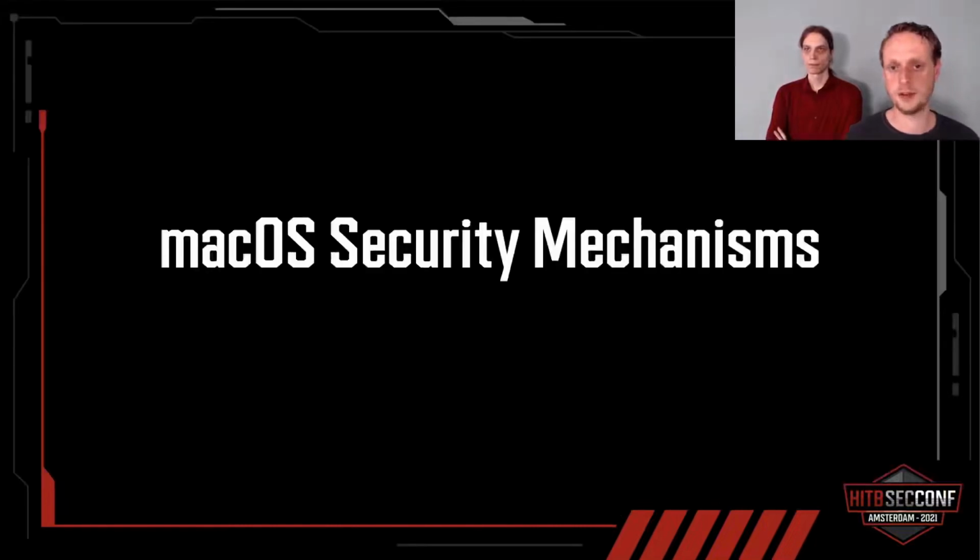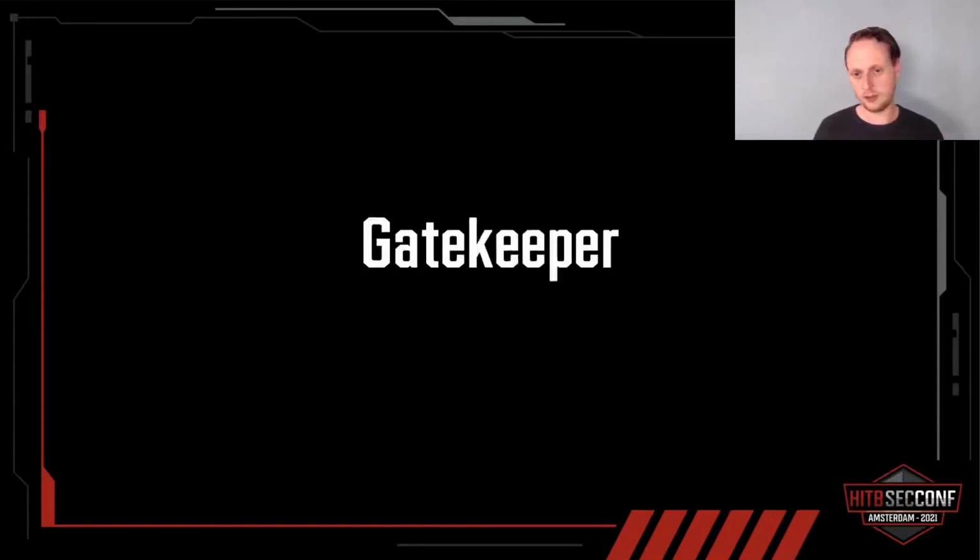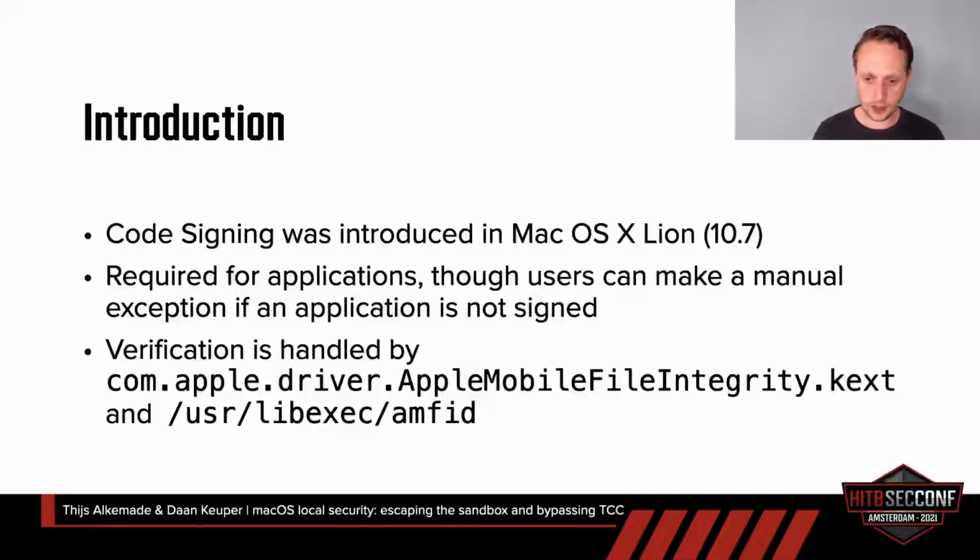So let's start with the security mechanisms in macOS. I will just go through them one by one and give an explanation of how each technique works and what it implies. The first technique we would like to talk to you about is Gatekeeper. Gatekeeper is actually the code name for something that is well known as code signing.